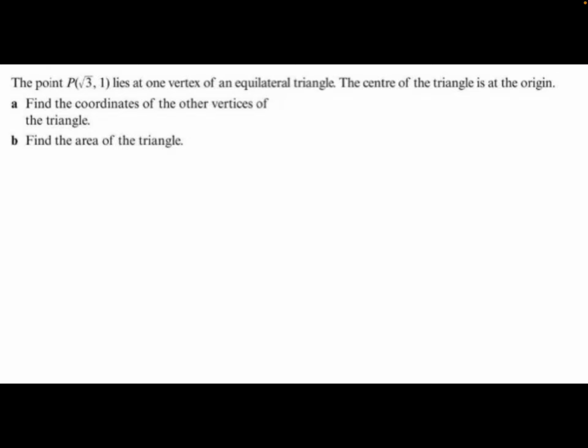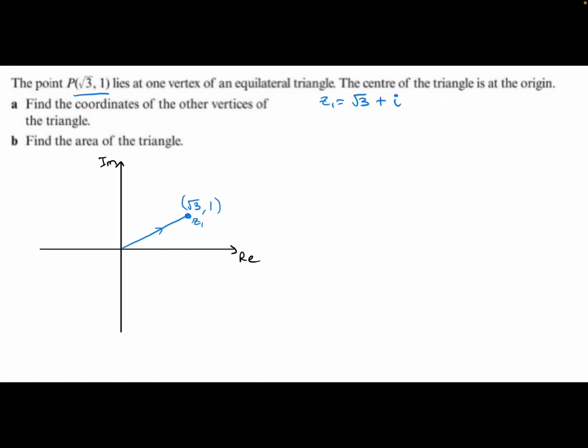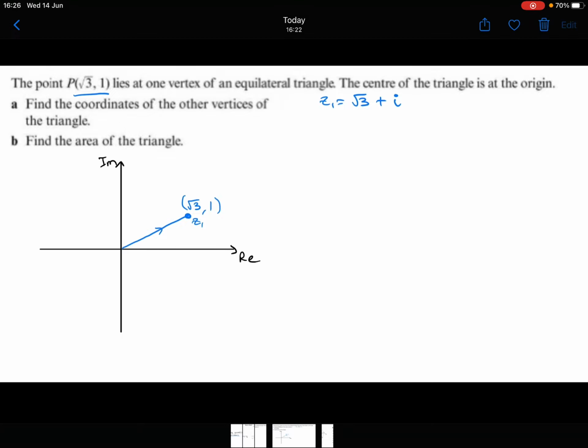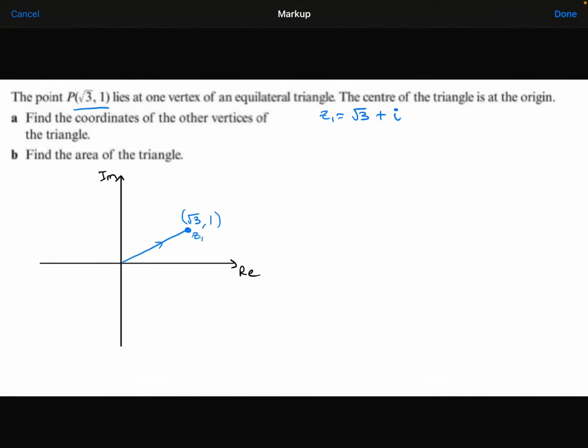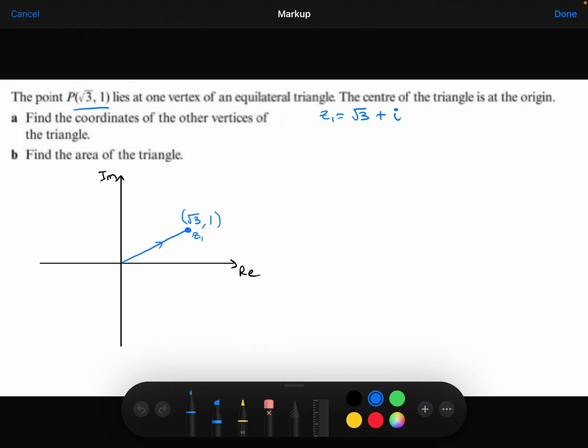I've already started this question off a little bit here. I was told that one of the roots was at point P, which has coordinates root 3, 1. That's telling me that the first root has real component root 3 and imaginary component 1i.